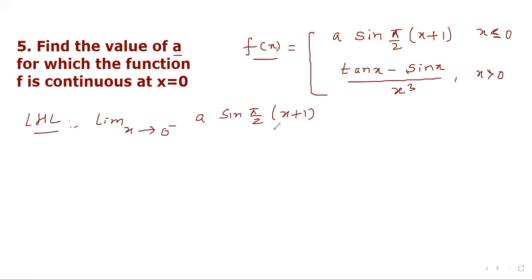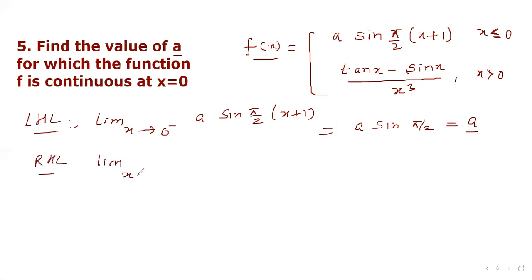Here, if we put x equal to 0, what do we get? It will become a sine pi by 2. So that is just a, and the value of the function is also the same. So that will remain a. Now consider RHL.